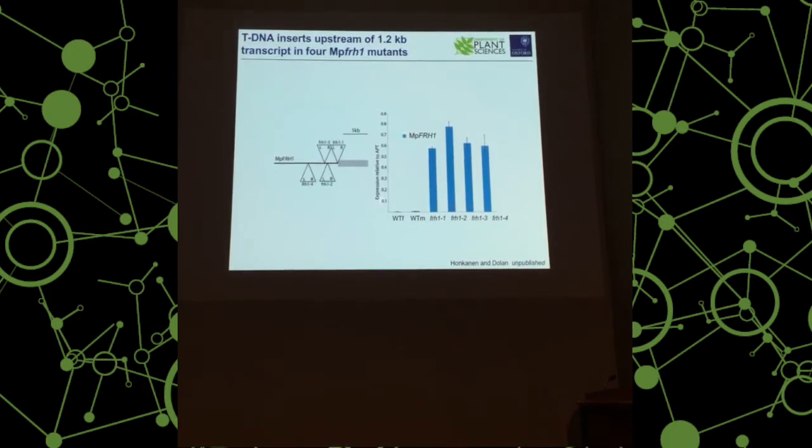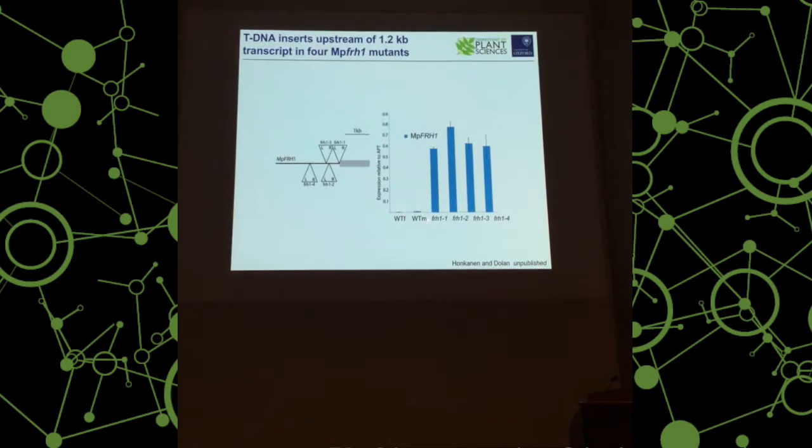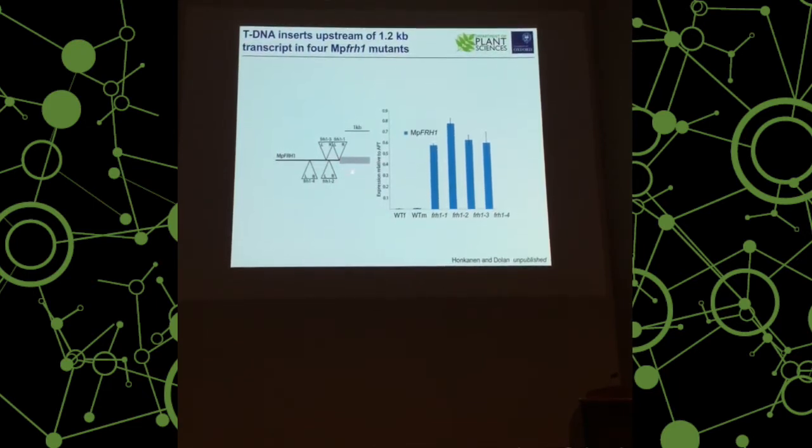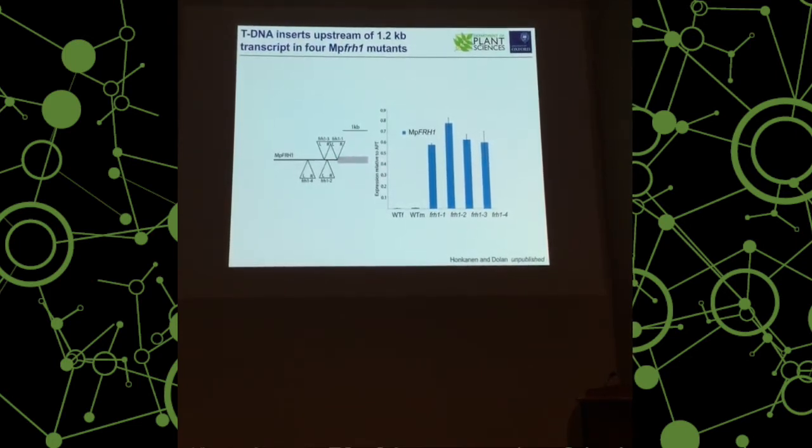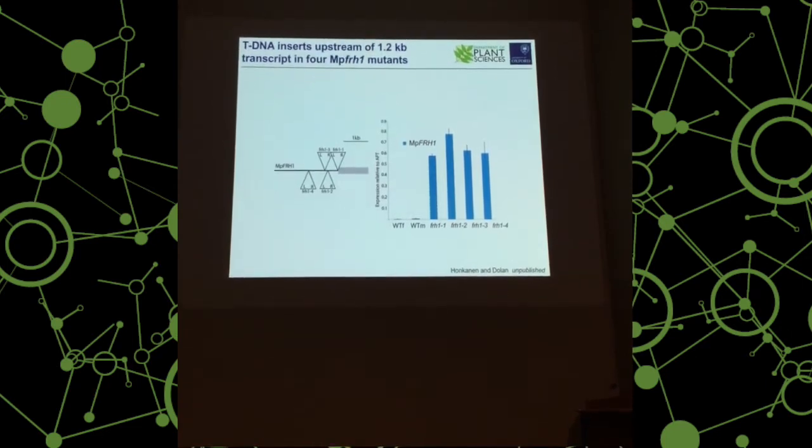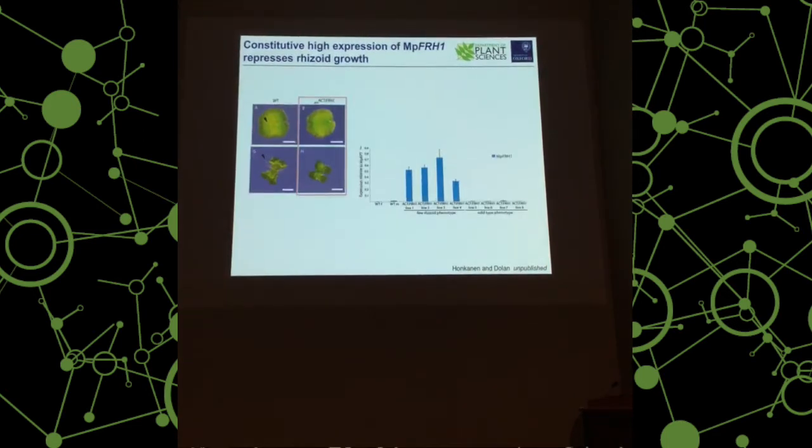If we look at the expression levels, this is the wild type, very low levels, and in each of these mutants, we've got high levels of expression of this 1.2 kb transcript that doesn't look like anything. So we thought, okay, this is good. We're getting a phenotype that's correlated with the increased expression of a 1.2 kb transcript that doesn't look like anything that we can recognize.